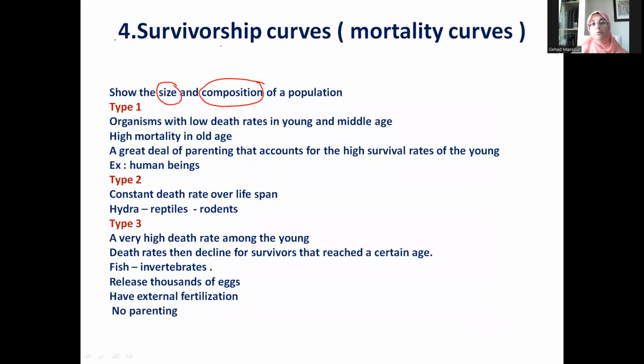So that's why I went back to the previous graph to tell you the composition of a population. The composition of the population, meaning, for example, how much percent of the population are under 20 years of age.